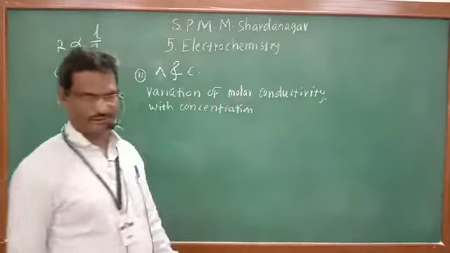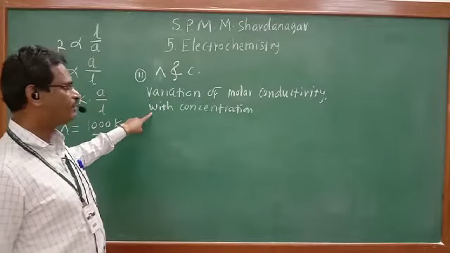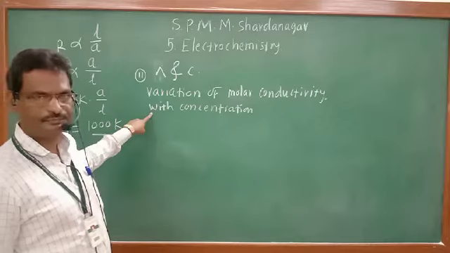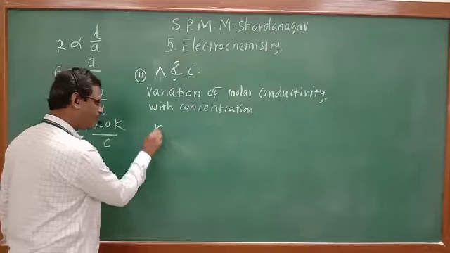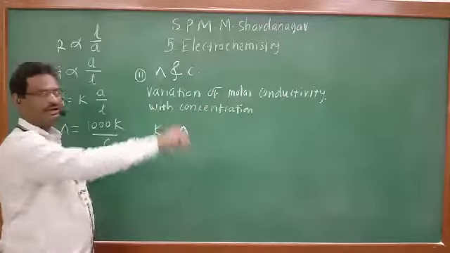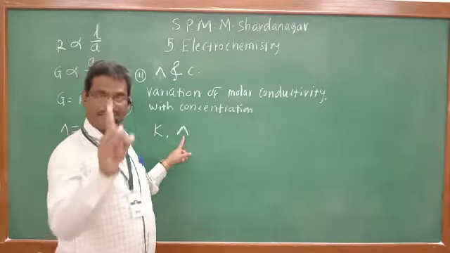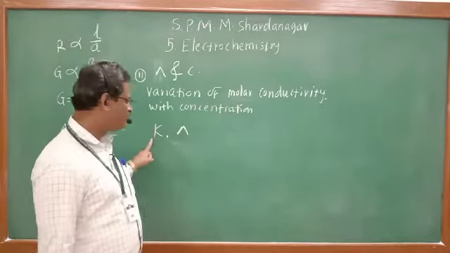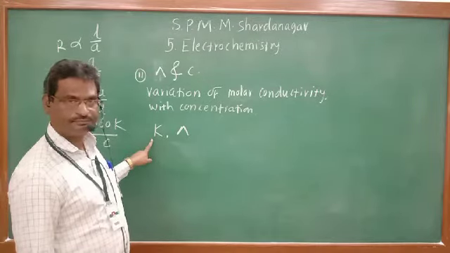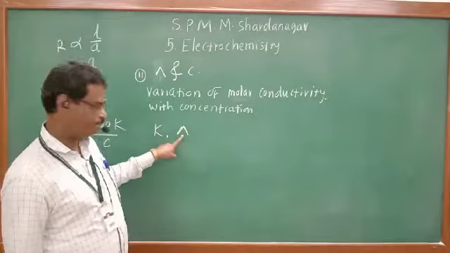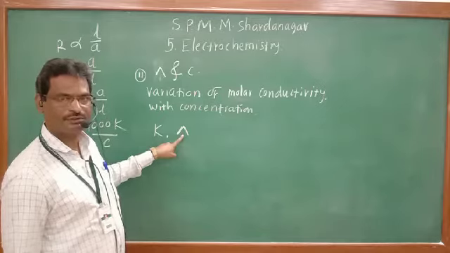Now this is the second point: variation of molar conductivity with concentration. You must know the difference between K and capital lambda. What is K and what is capital lambda? That is important here. K is conductivity of solution and capital lambda is molar conductivity of the solution.